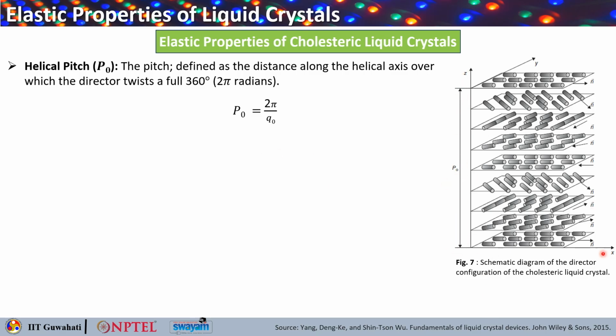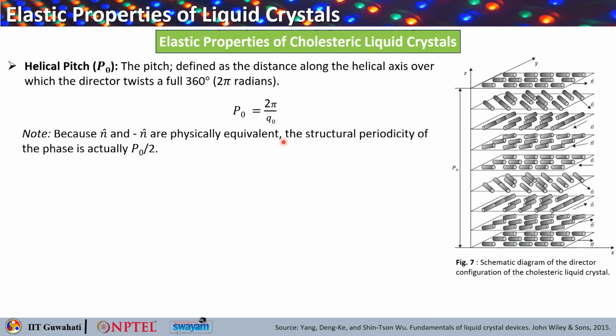You can correlate this with the chirality factor q0. So, P0 is given as 2π by q0. And note that we have considered n and minus n to be physically equivalent. That means the structural periodicity here is P0 by 2.